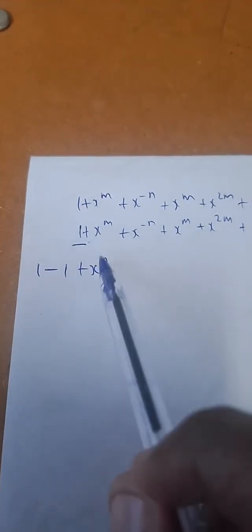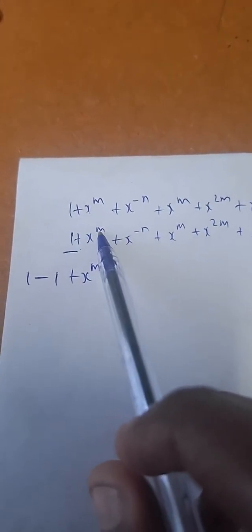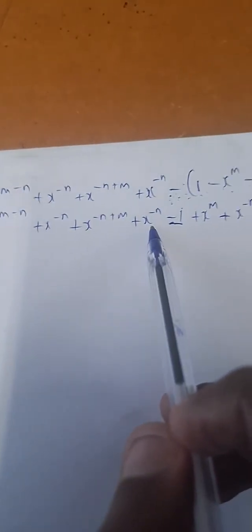Let's see if there's any other bases with the variable just positive 1m, not the ones with positive 2m, because those are different terms. So we're looking for these ones. So x to the power m will be added to this x to the power m. Okay, where's another x to the power m? There, another one.